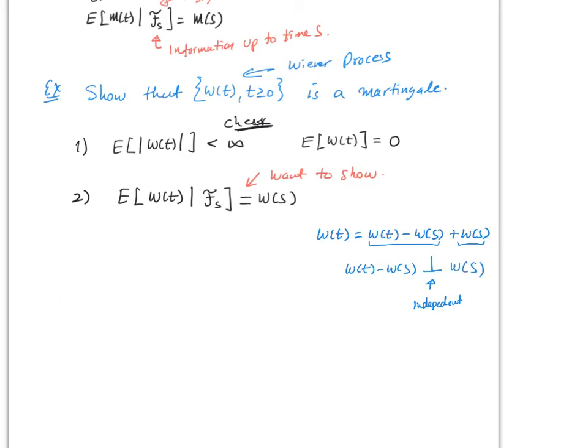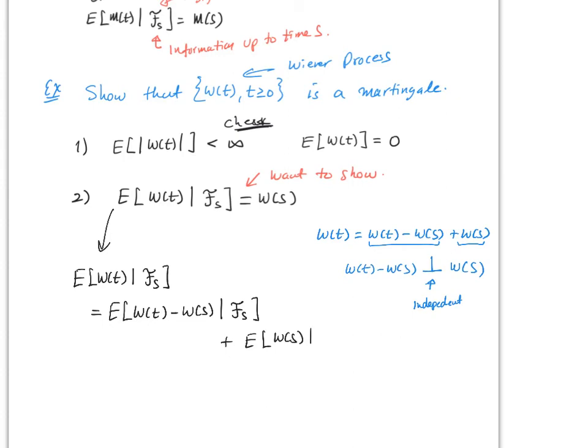This is going to be the key to showing it's a martingale. So from here, that means that the expected value of W_t given the information up to time s is the same thing as the expected value of W_t minus W_s given the information up to time s, plus the expected value of W_s given the sigma algebra F_s.